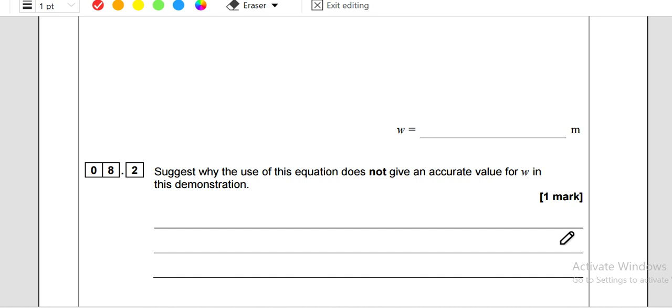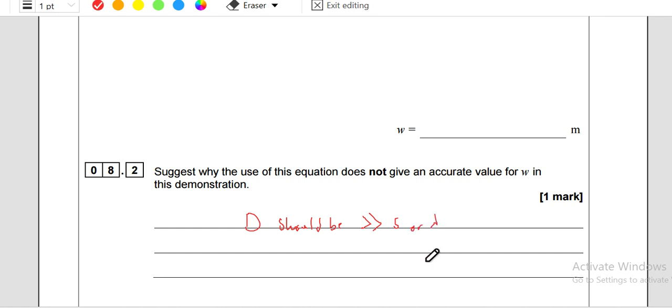Why is this equation not accurate? Because D, which is the distance between the double slit and the screen, should be much greater than s or lambda.